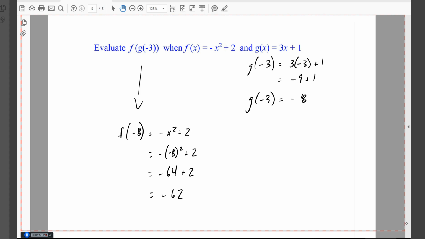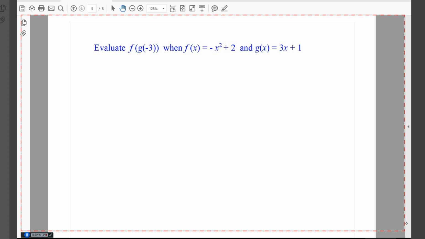Okay, now let's try it again another way. So I'm going to delete that and let's do the function, right? So let's do f of g of x. All right, so let's pretend we're just doing f of g of x. Okay, so we'll plug it in. g of x is on the inside, right? So this is going to take the place of x.